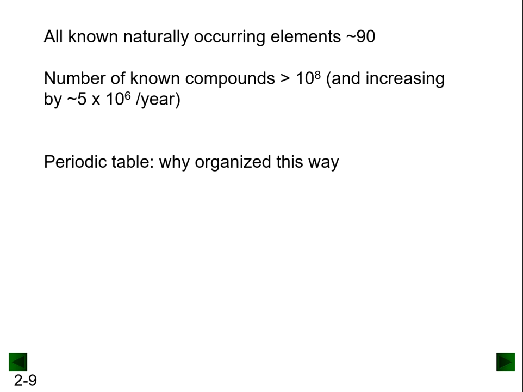Now, as far as the elements are concerned, we have something we call the periodic table. The periodic table is an arrangement or a grouping of the elements. And we're going to focus on the naturally occurring elements, though the man-made elements will also be listed. One of the questions you might ask is, why is the periodic table organized the way it is organized? And we'll see in just a moment how it's organized.